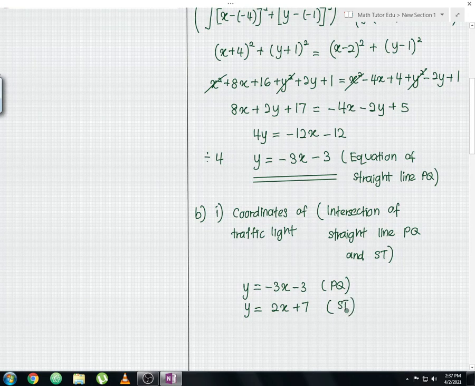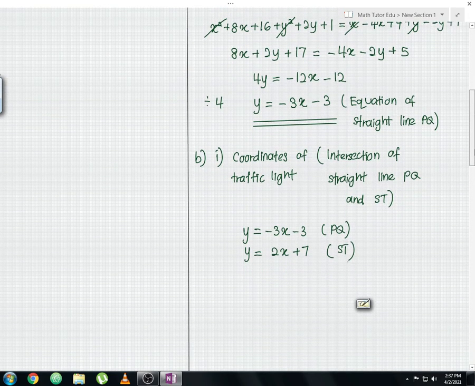Okay, to find the intersection of these two straight lines, we need to perform simultaneous equations. In order to do so, I'm going to move the x to the left hand side for the two equations so that we can perform the elimination method.